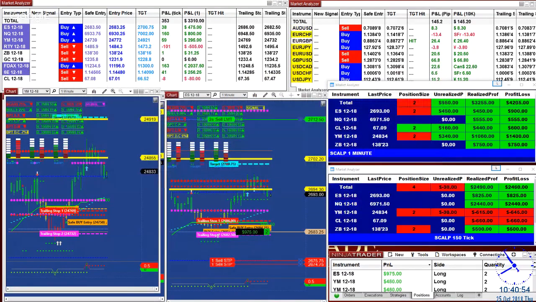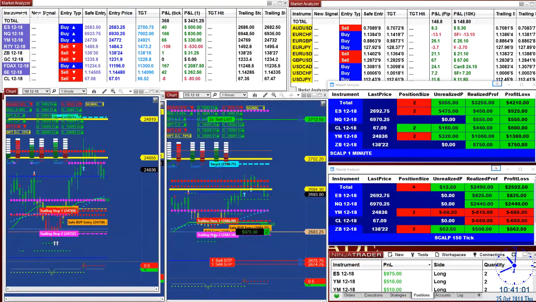Nasdaq, Dow Jones, CL, even ES, they run very smoothly when you are trading the DAX early in the morning. And especially the CL, you have a lot of good movement on the CL during European hours.